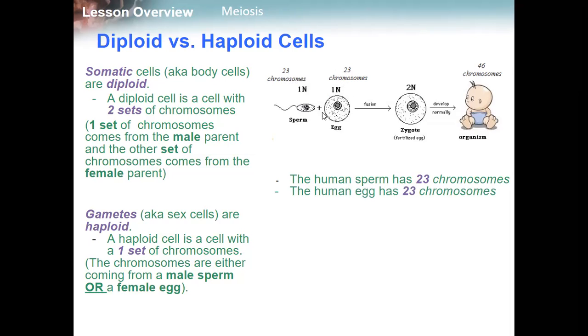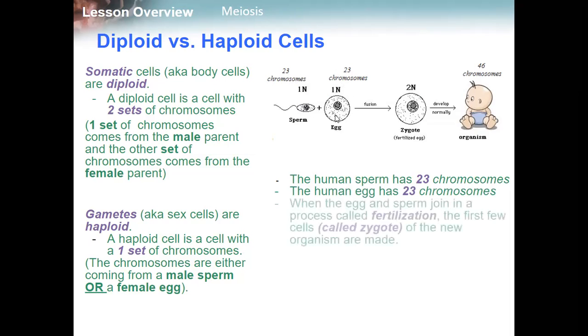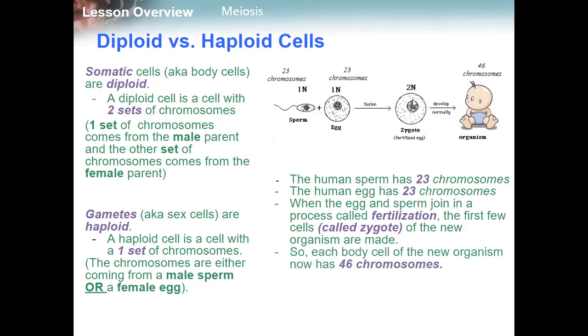Now, when the egg and the sperm join together, that's called fertilization. If you see here, this is the egg and the sperm joining. And when that happens, it starts to divide and make the first few cells of the baby, which is called a zygote. So these cells are not only going to have dad's information, dad's chromosomes, but they're going to have mom's information or chromosomes.